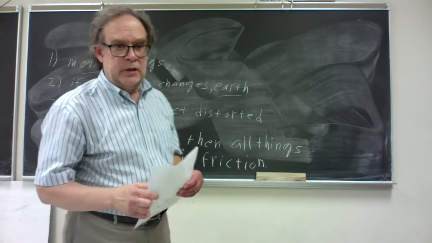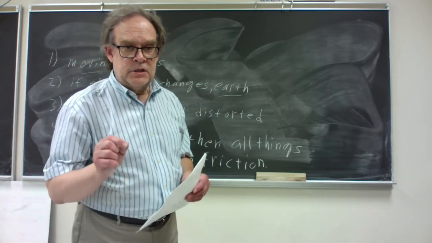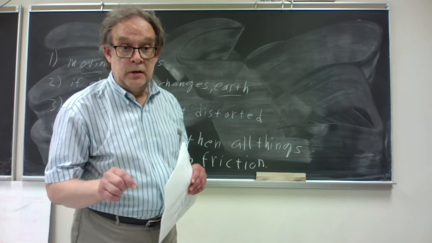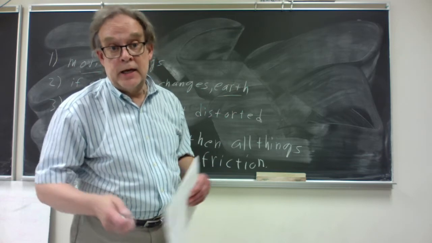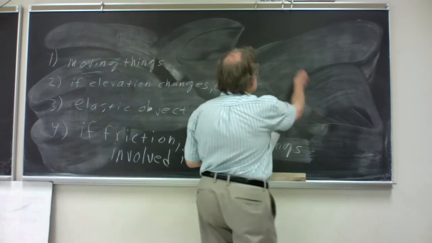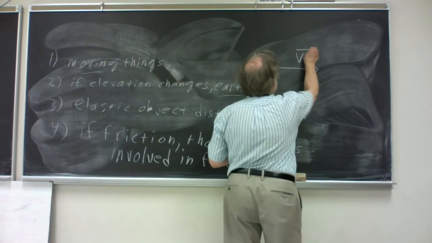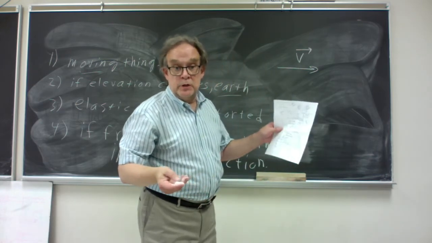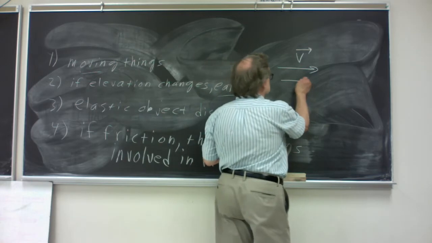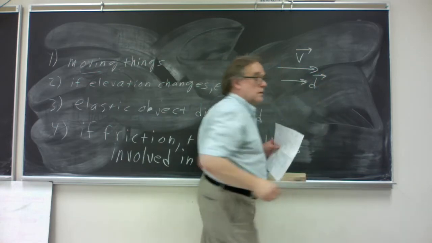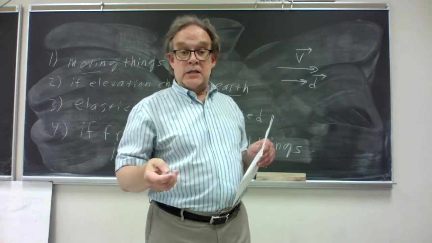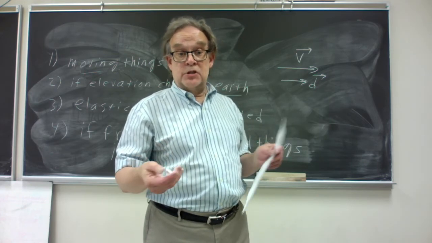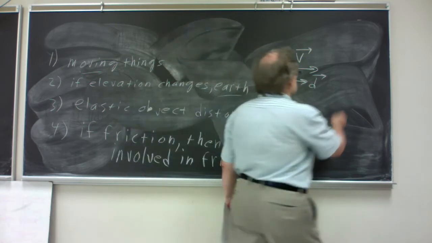Let's think about that just a little bit more. Let's think specifically about the kind of work that is done by, say, a kinetic friction force. So you've got an object moving in one direction, let's say straight left to right, then its displacement will be just left to right. Kinetic friction always acts opposite to the direction of motion, opposite to the velocity, opposite to the displacement.